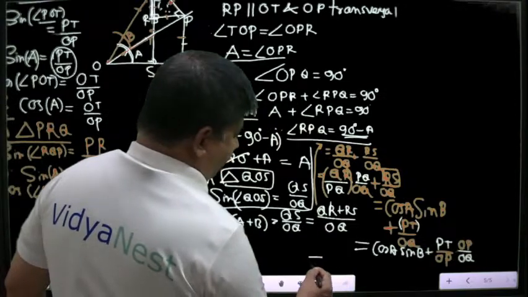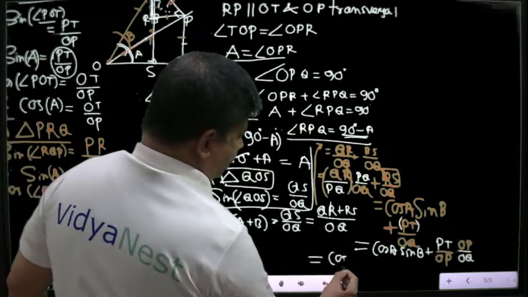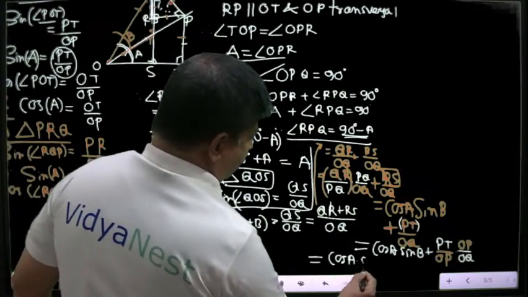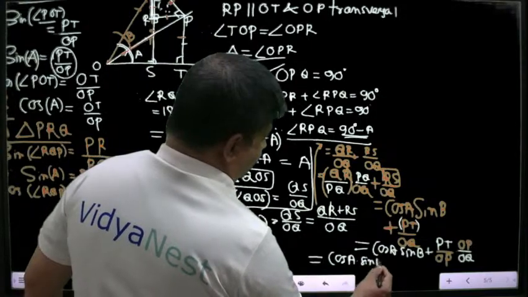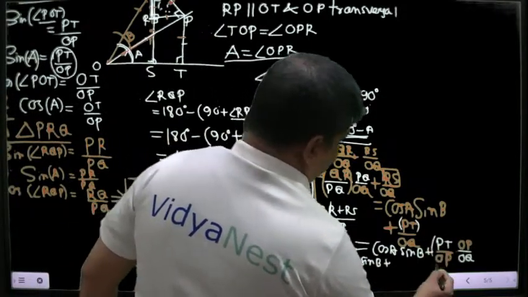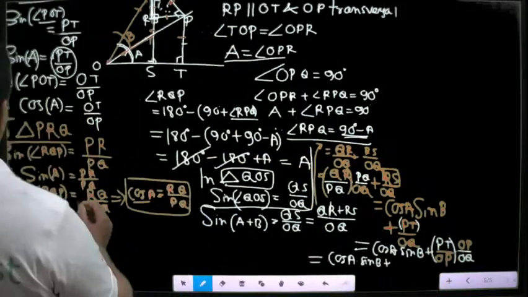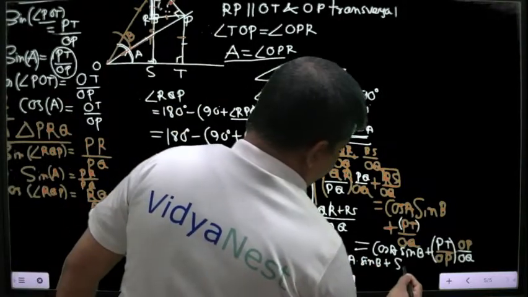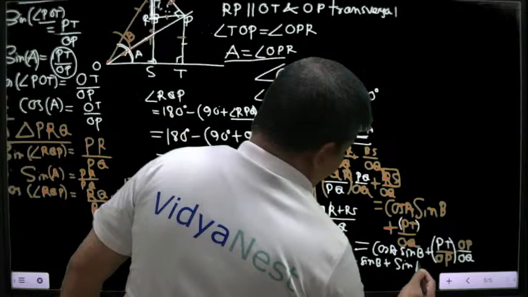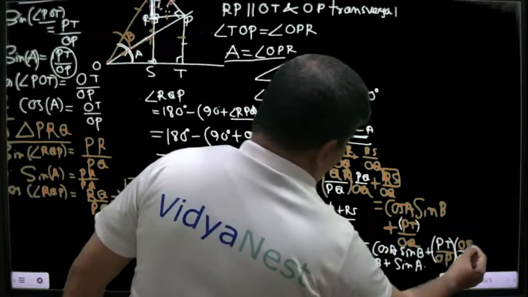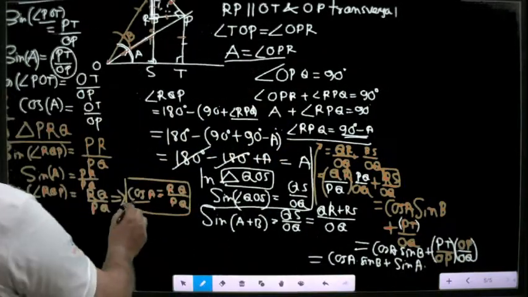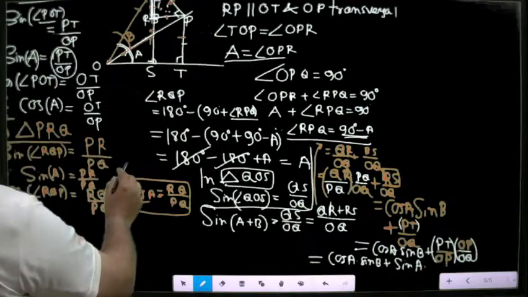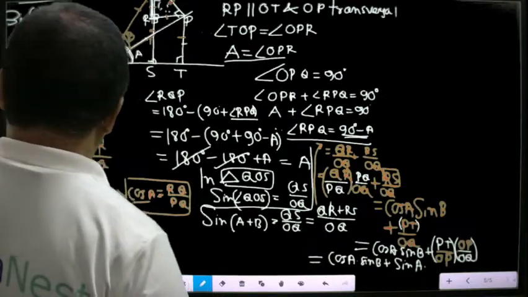So we are on the verge of conclusion. Cos A sin B, and instead of this PT by OP, sin A, and OP by OQ. Where is OP by OQ?